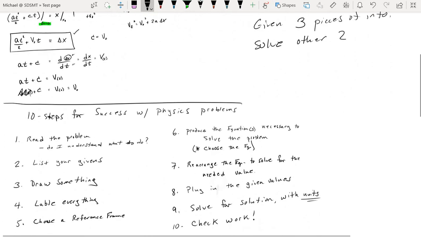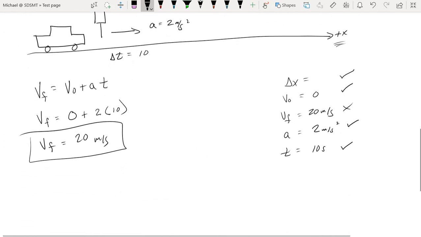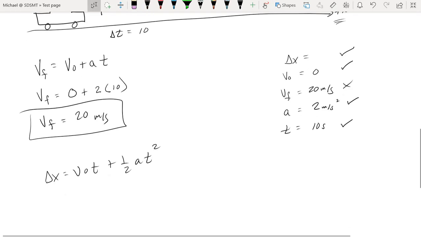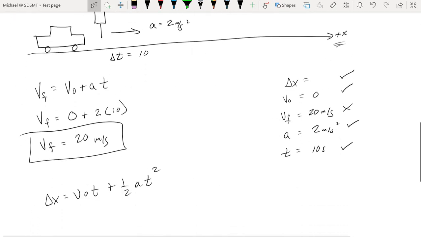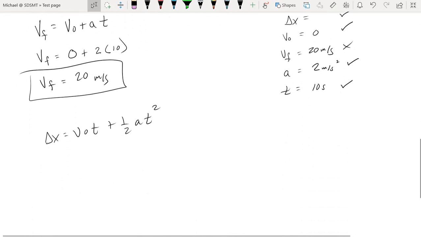So I will bring that equation down here. Delta x equals v naught t plus 1/2 a t squared. That equation is set up to solve for delta x, so I don't have to do any rearranging with this one. At some point in the future, we will have to rearrange an equation, but it doesn't look like today's the day.